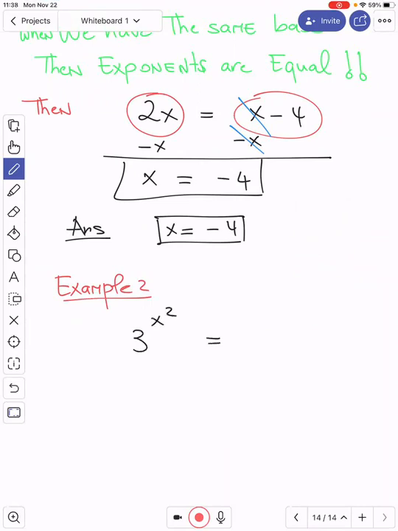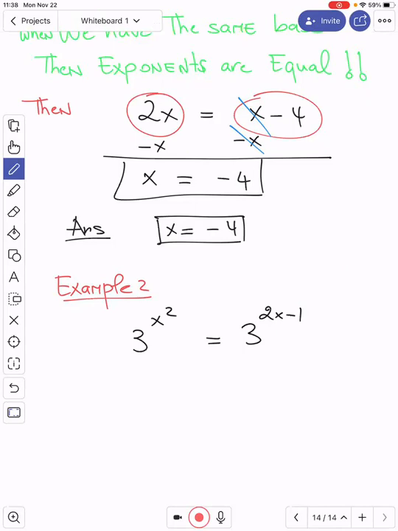Equal to 3 to the power, let's say, 2x minus 1. Again, this is an exponential equation because obviously on both sides we have exponential functions. Your x is in the exponent, so that's an exponential equation, right?